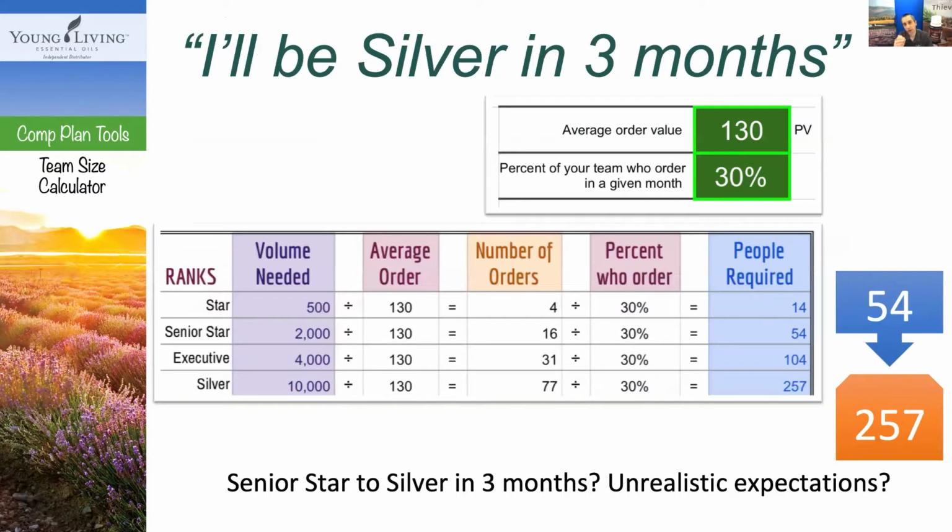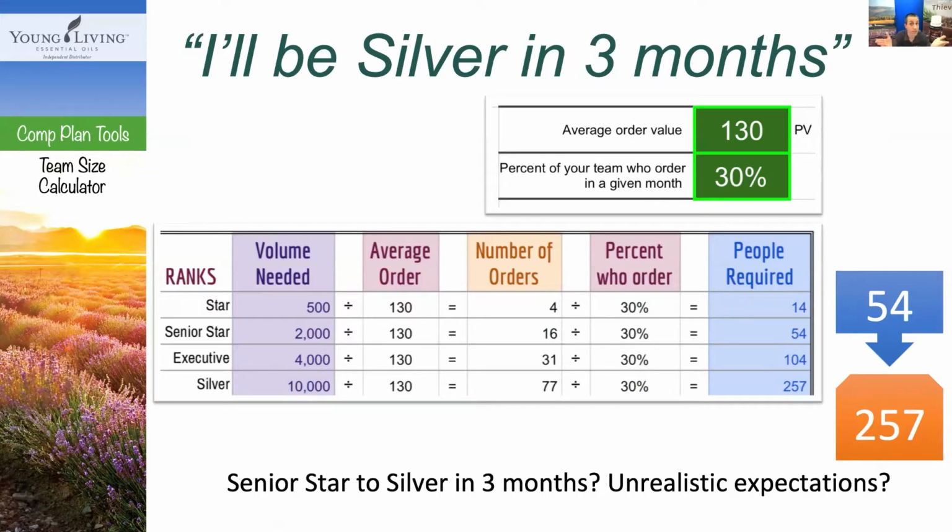The way that you can use this tool is to help you with your goal setting and to see if the goals that you're setting for yourself are achievable and realistic. Let me give you an example of this. This is something that I saw. In this particular example, this person is currently at the senior star rank.